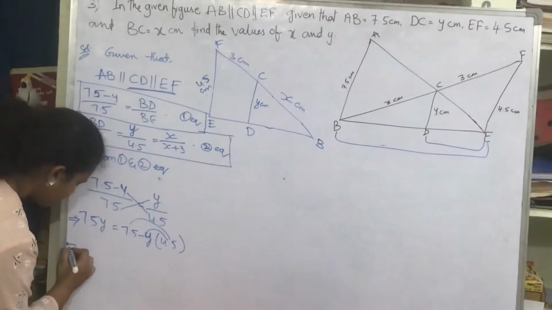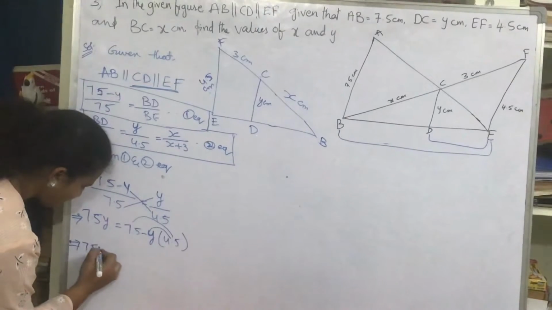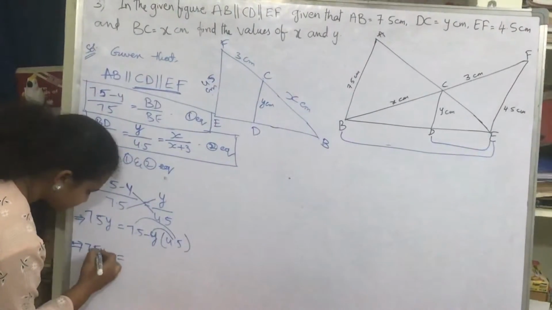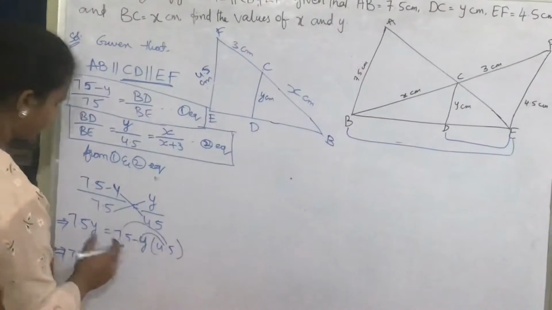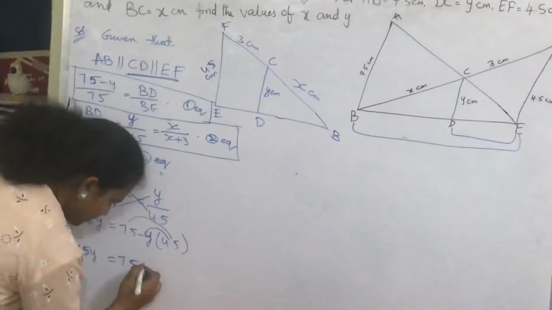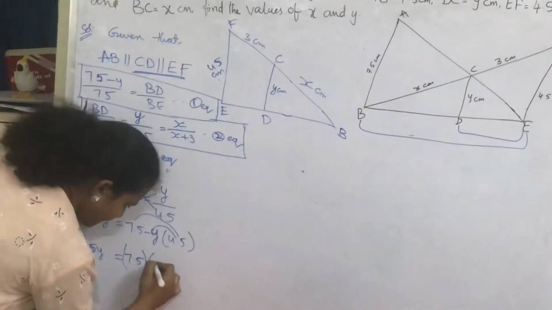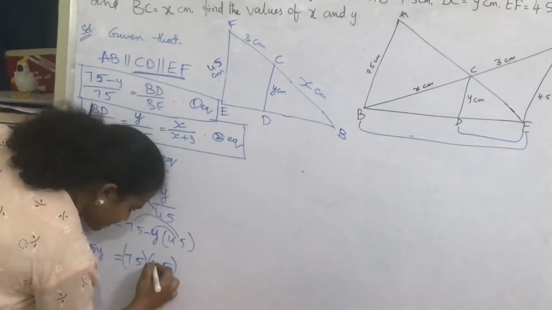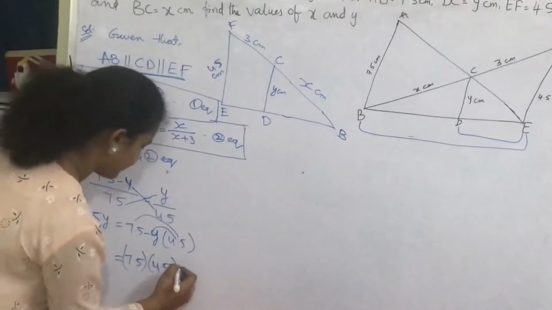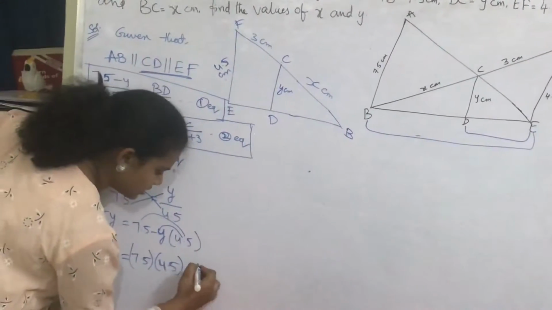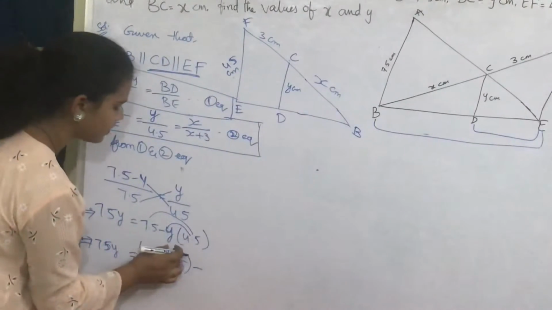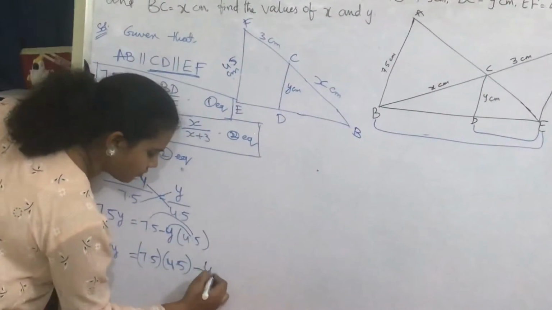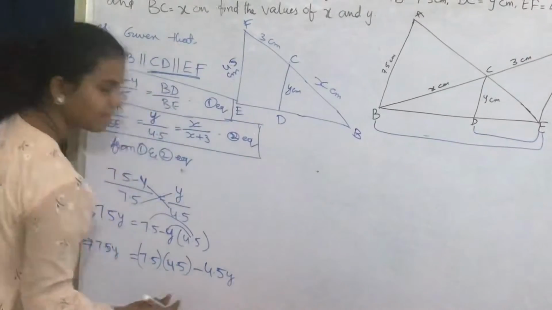Let this 7.5y be as is, equals to 7.5 into 4.5 and minus 7.5 into minus y gives minus 4.5y.